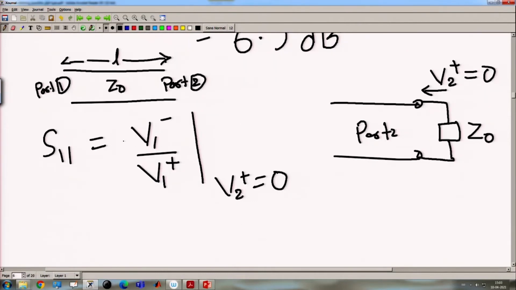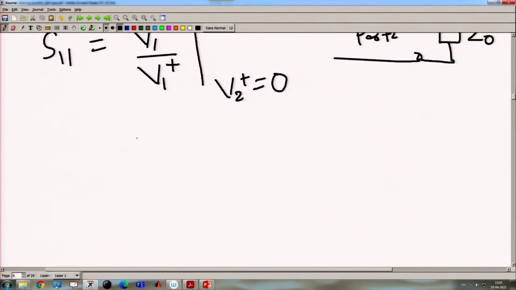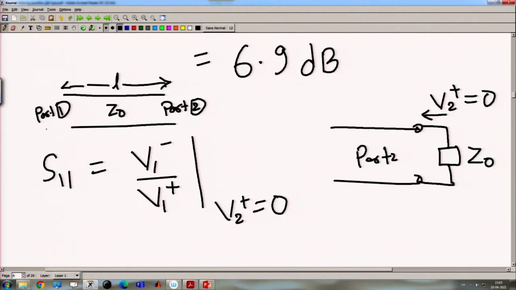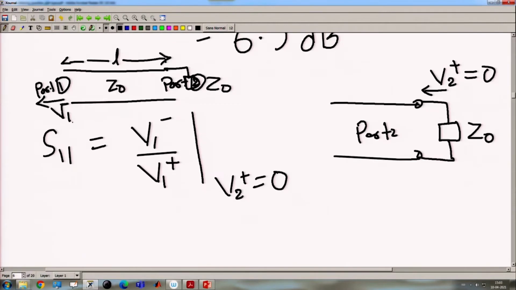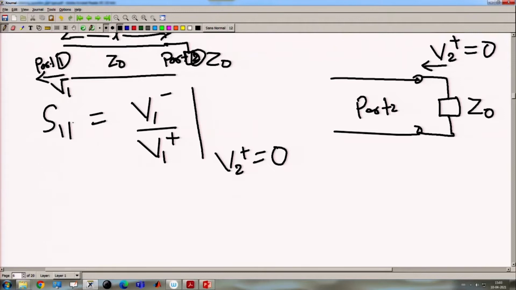There will be no reflected wave from port 1, because this is Z naught and here we have also connected Z naught. That means V1 minus equals 0, so S11 equals 0.